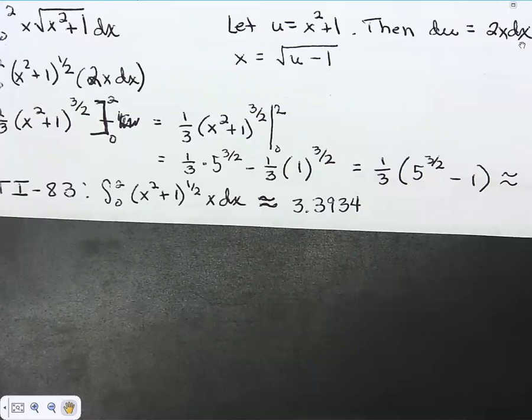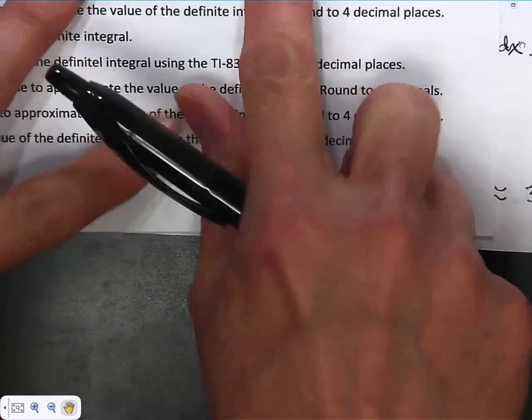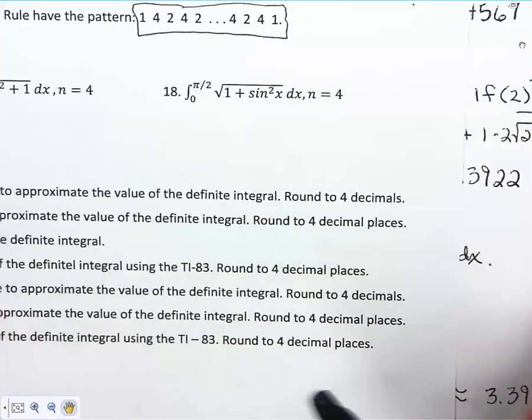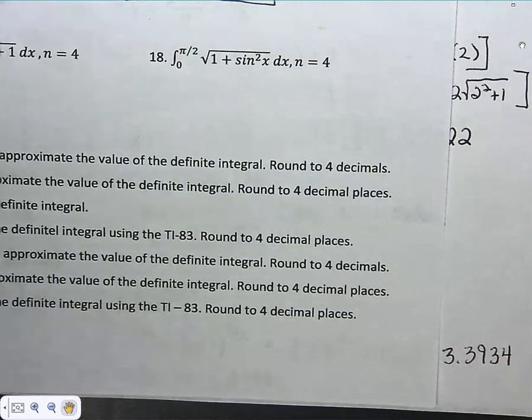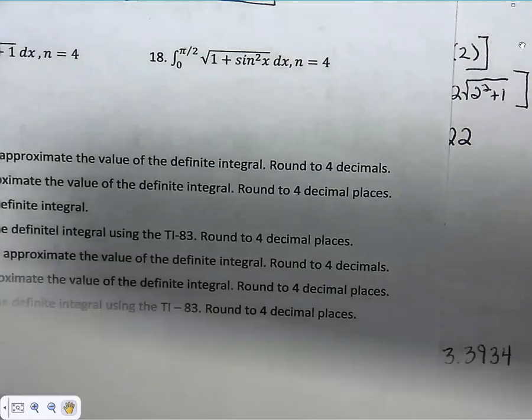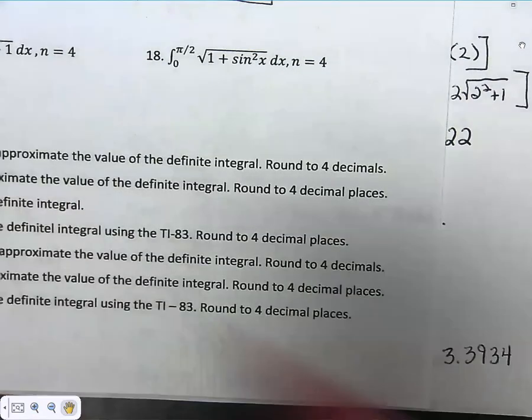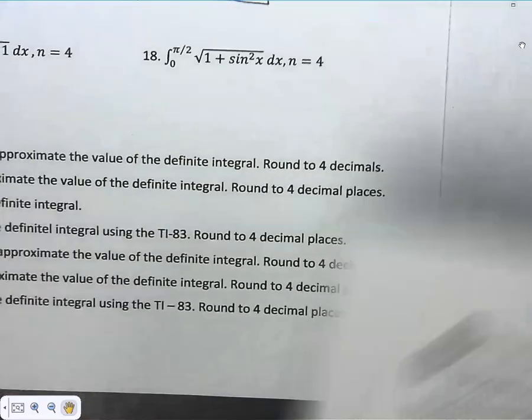All right, so the other thing I want to mention is the other one that I have typed and we don't have time to do. If we had tried to do that by substitution yesterday, if we hadn't talked about Simpson's rule and trapezoidal rule yet, what would you attempt on number 18?